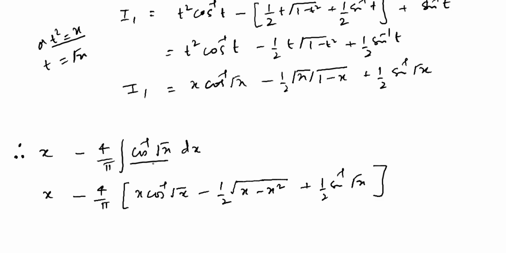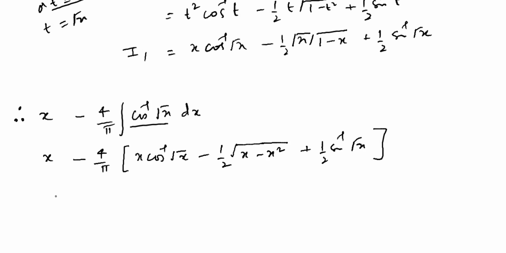Okay, so I have substituted the value of I1, that is integration of cos inverse root x, and this is what I obtained. Further now I am going to multiply this 4 upon pi to all these terms.